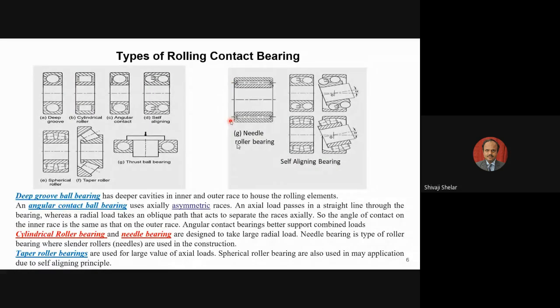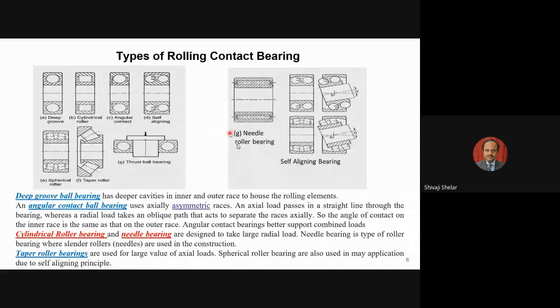Sometimes the constraint is such that the diameter has to be in a fixed range. Then in that case, you have to remove the inner race itself to mount that bearing. So needle bearings may come with inner race or without inner race also. Many times needle roller bearing comes without inner race, so that it can be mounted in very small space.